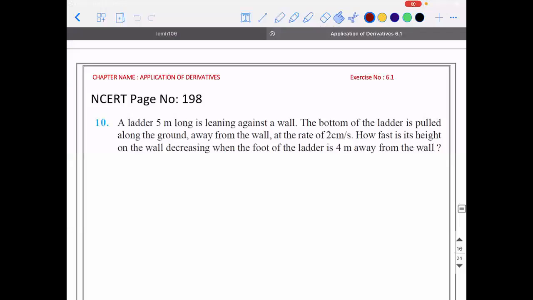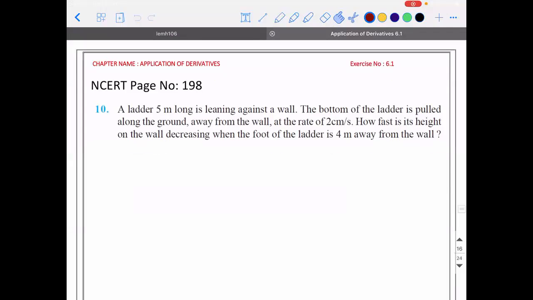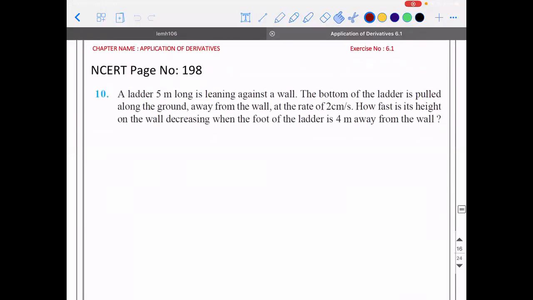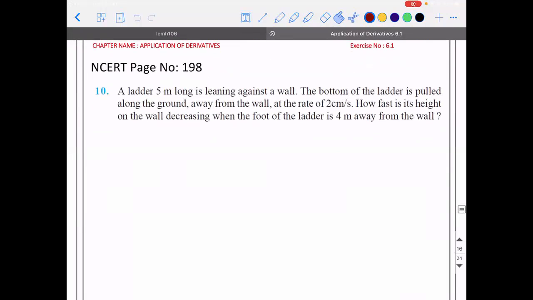So we'll get started. There is a ladder which is 5 meters long, leaning against a wall. The bottom of the ladder is pulled along the ground away from the wall at the rate of 2 centimeters per second. How fast is its height on the wall decreasing when the foot of the ladder is 4 meters away from the wall?